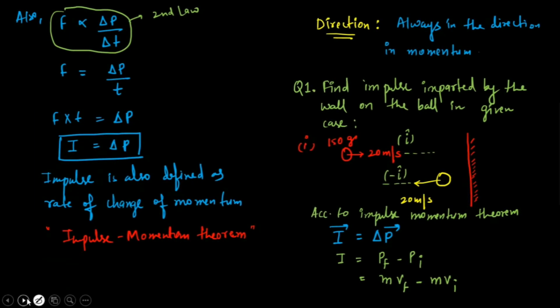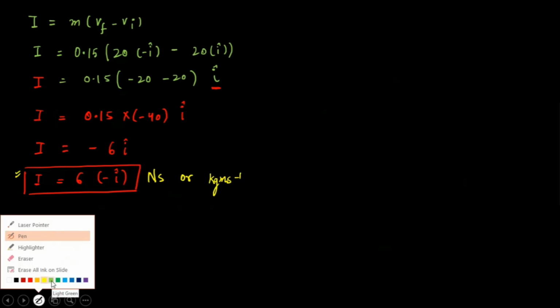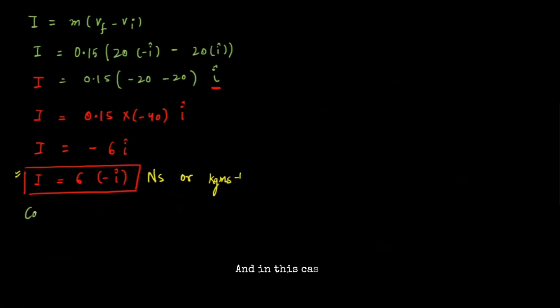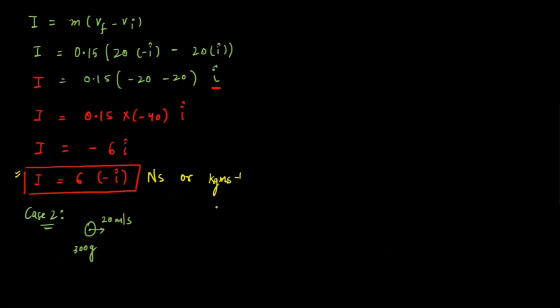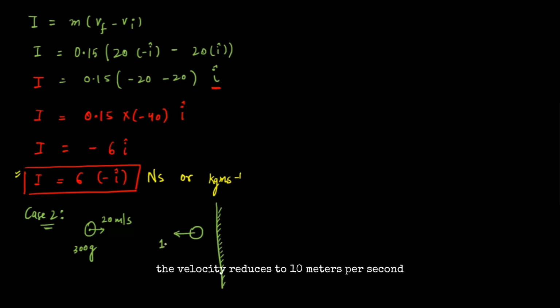Yes. All right, so let me give you another case, and in this case, you have to tell me the answer. The question says there is an object. It was initially traveling with 20 meters per second, having mass 300 grams, strikes the wall, and once it rebounds, the velocity reduces to 10 meters per second.